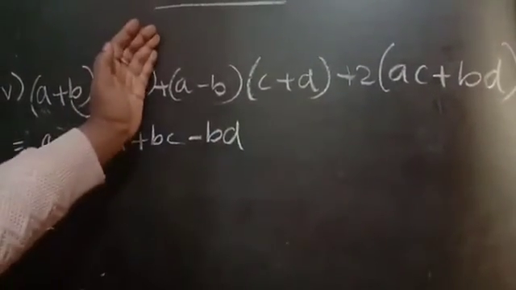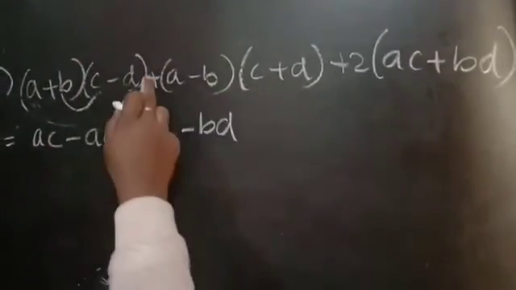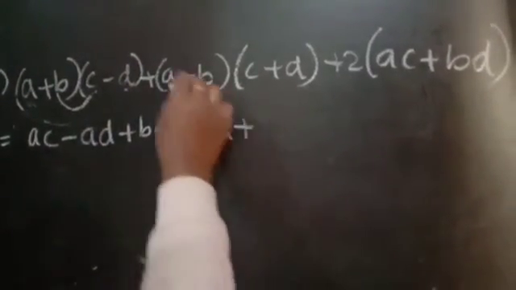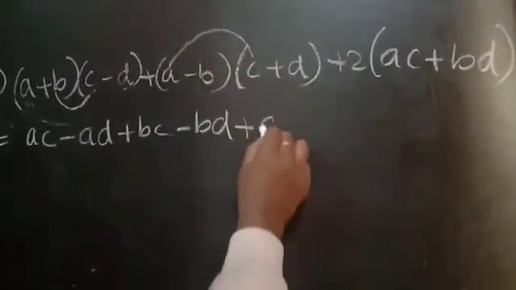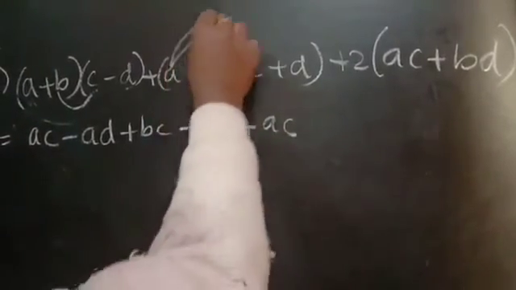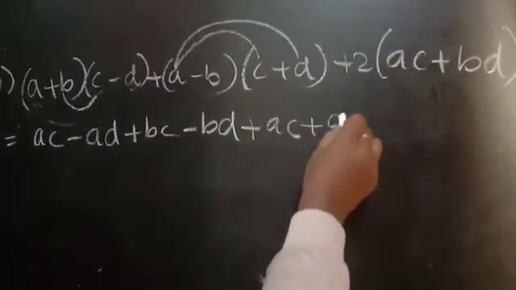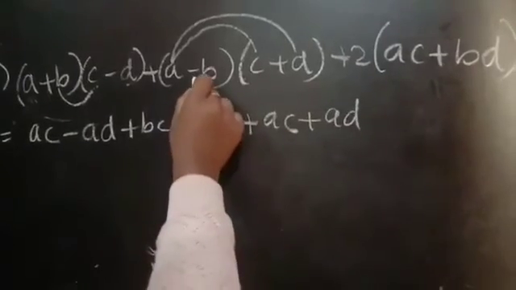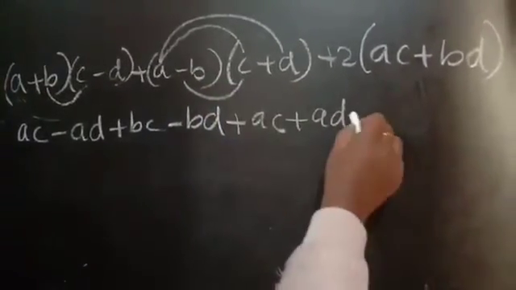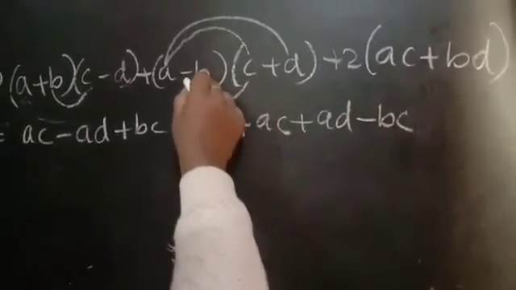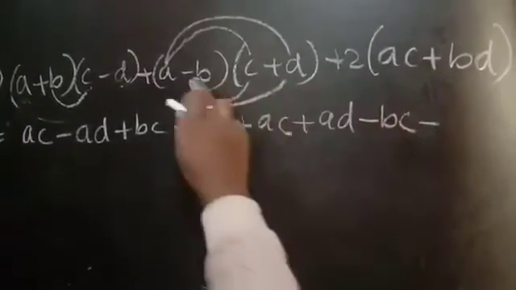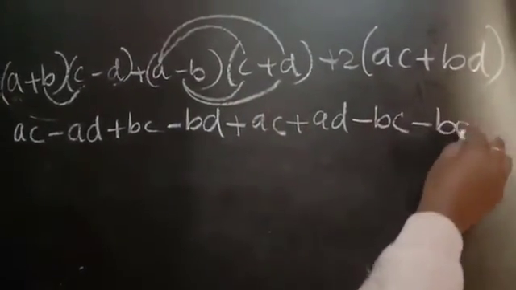Then we have to multiply the second term. Plus into plus, plus, a into c, ac, again a into d plus ad. Again minus b into c, minus bc. Minus into plus, minus, b into d, bd.